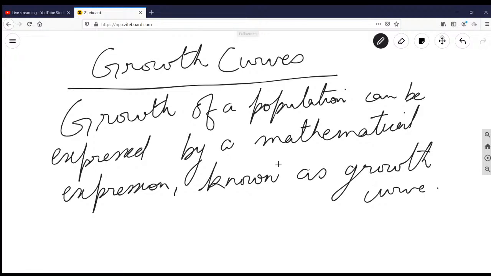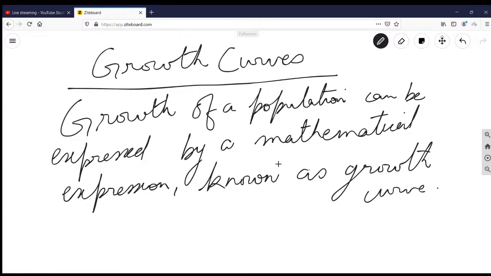Okay, so growth curves represent what? They represent nothing but interaction between the biotic potential and the environmental resistance, which can overpower whom. So a growth model shows the specific and predictable pattern of growth of a population over time.